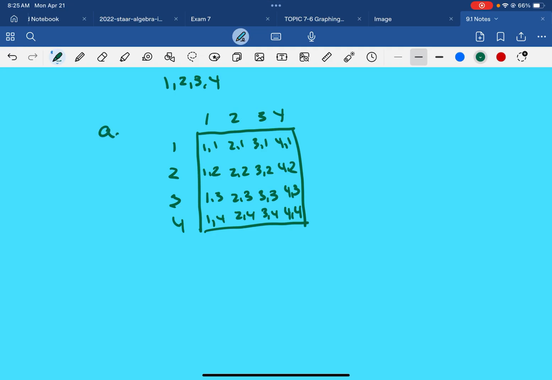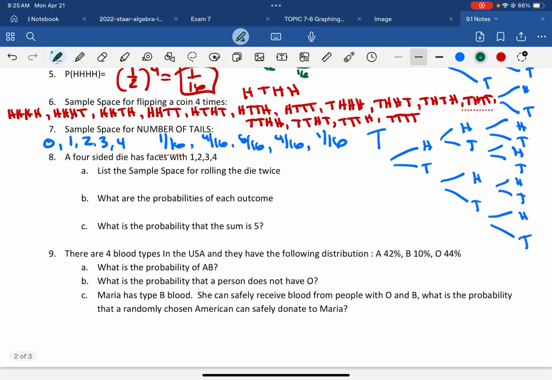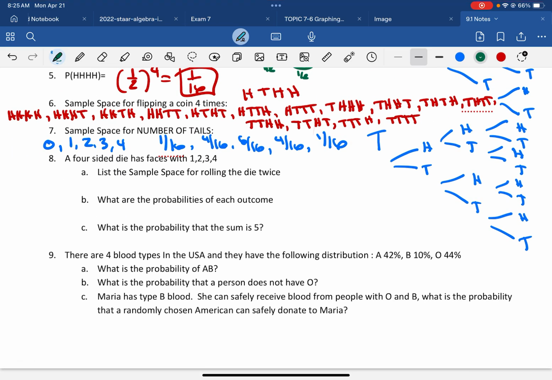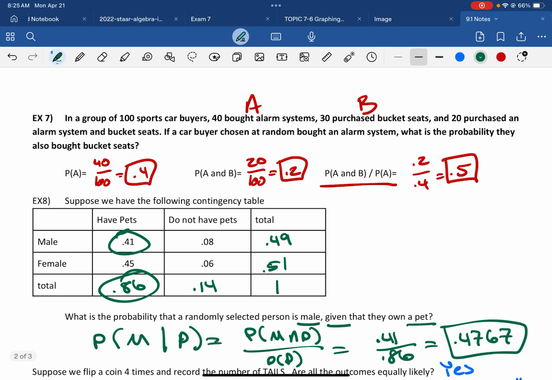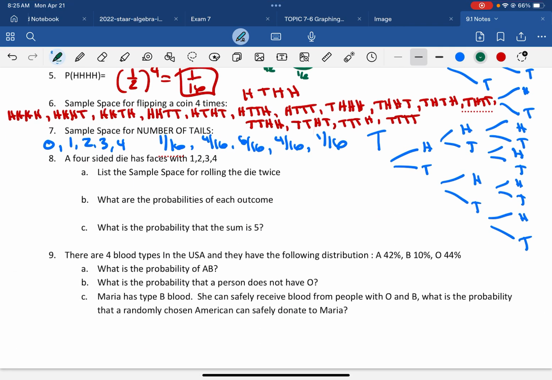Question B, what are the probabilities of each outcome? We're going to talk about the sum. We have a sum of 2.